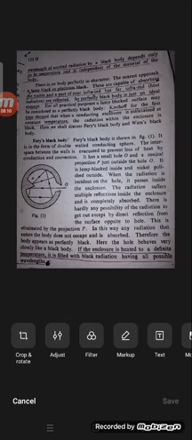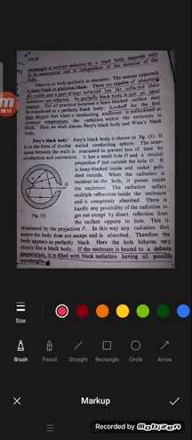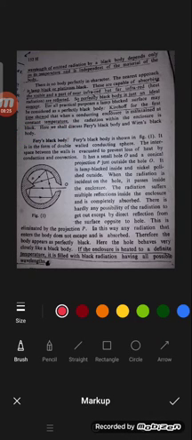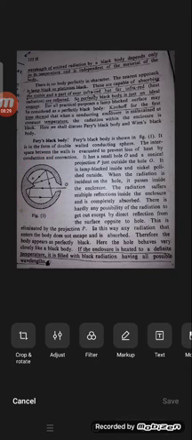Now, Ferry's black body. What is a Ferry black body and what is the difference between it and the black body? This black body was described by the scientist Ferry. It consists of a double-walled conducting sphere. Look at the diagram.